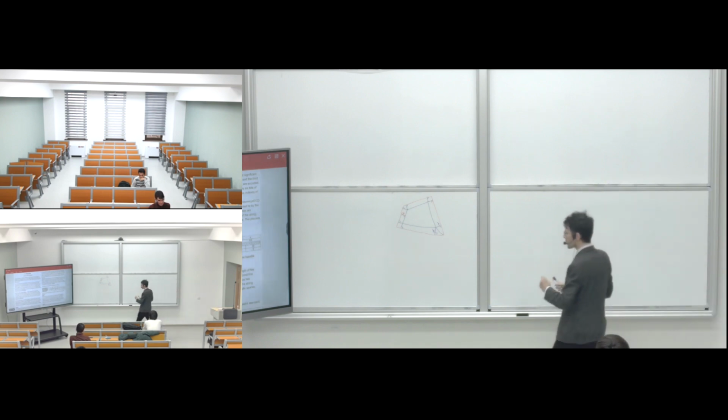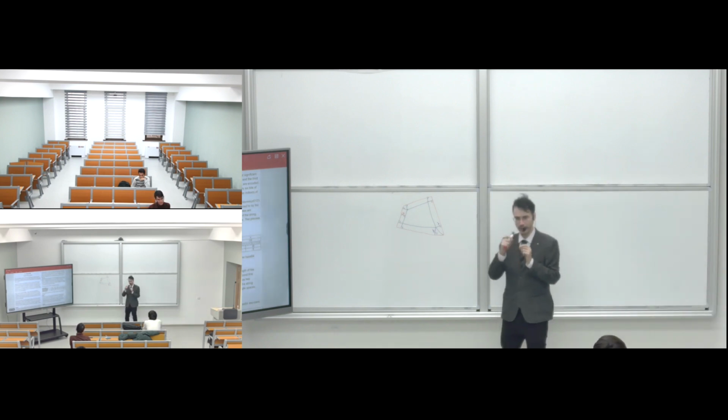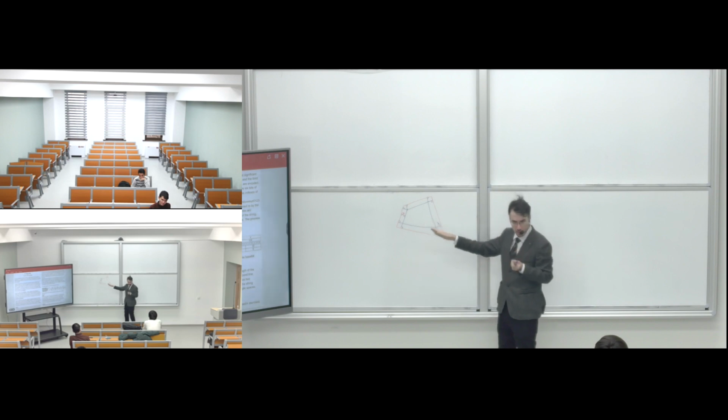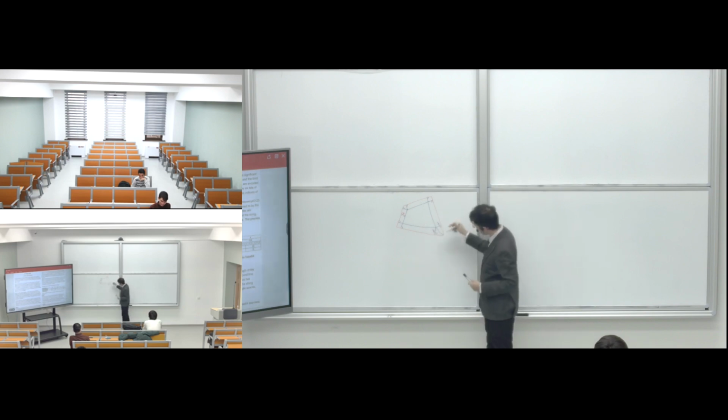Why? Because all points of the bisector are equidistant from the sides of the angle. Because this is the same distance, it means it is a point on the bisector line. So these angles are equal. And that's all that we need.